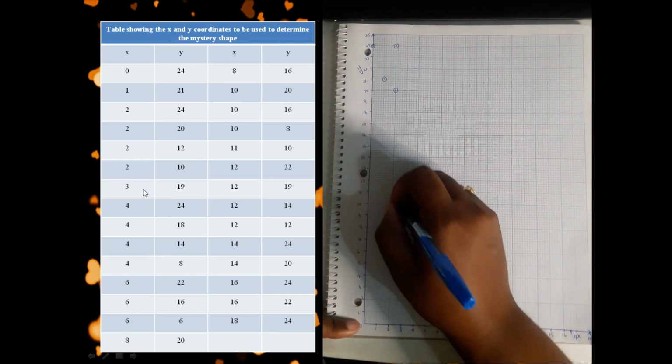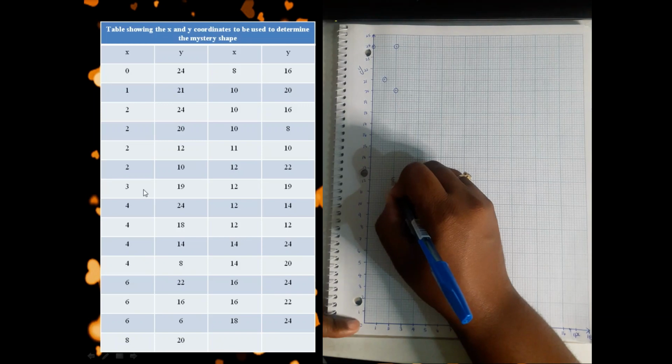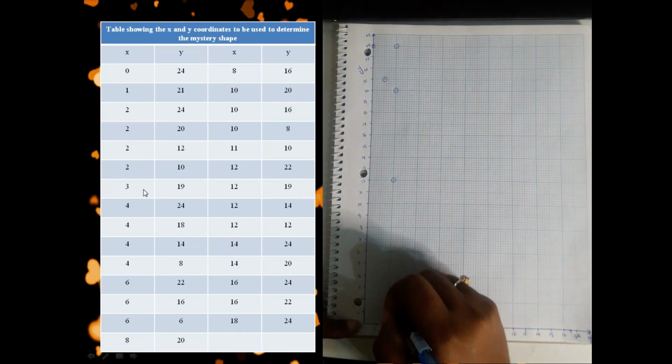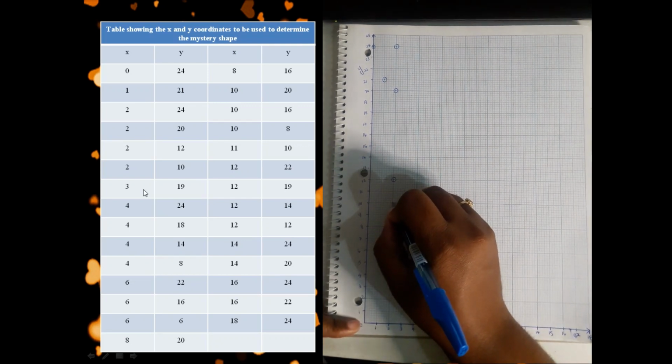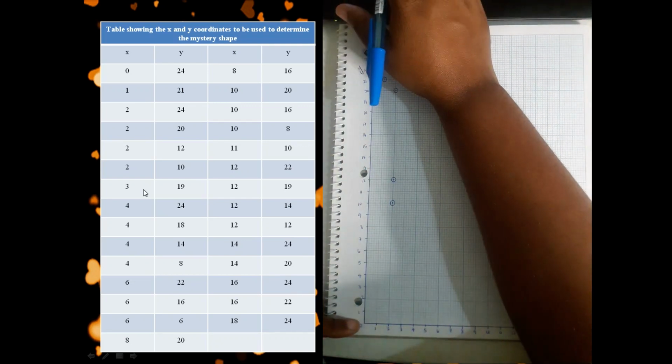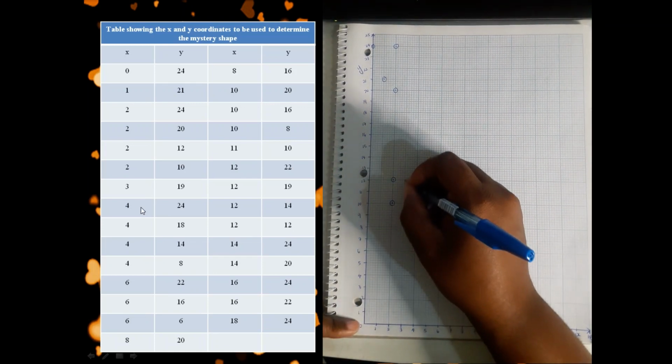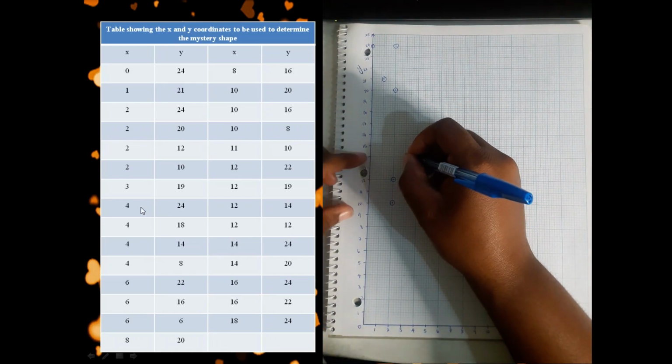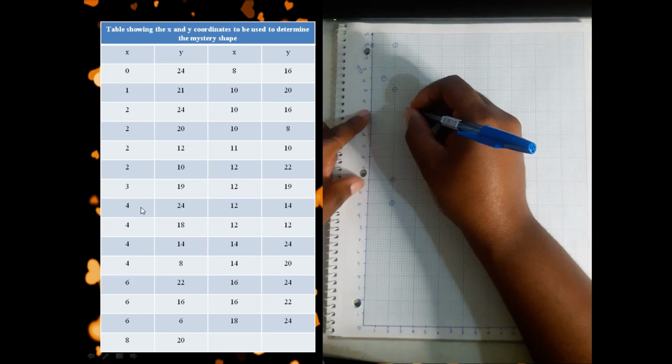Because it's so many points, you have to be careful, so I'm going to move my cursor along. 2 to 12. Next point, 2 to 10. Next point, 3 to 19. I'm going along with 3 and I'm going to look for 19. So we plot in here.